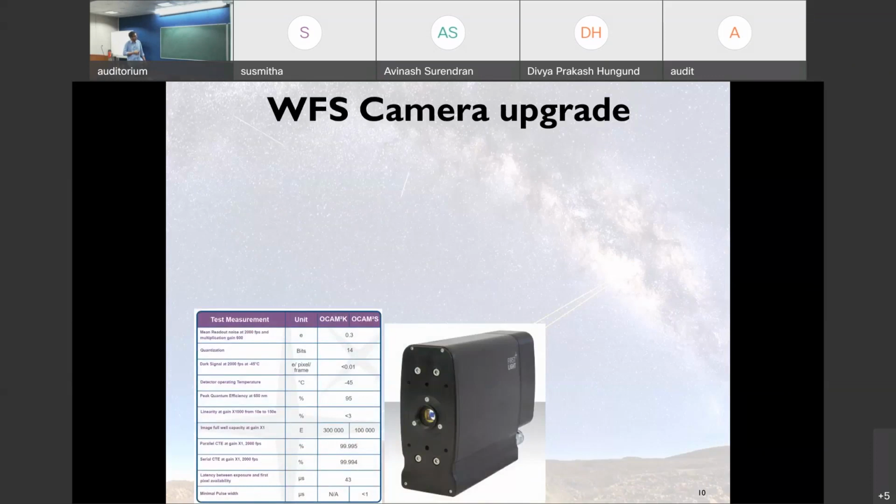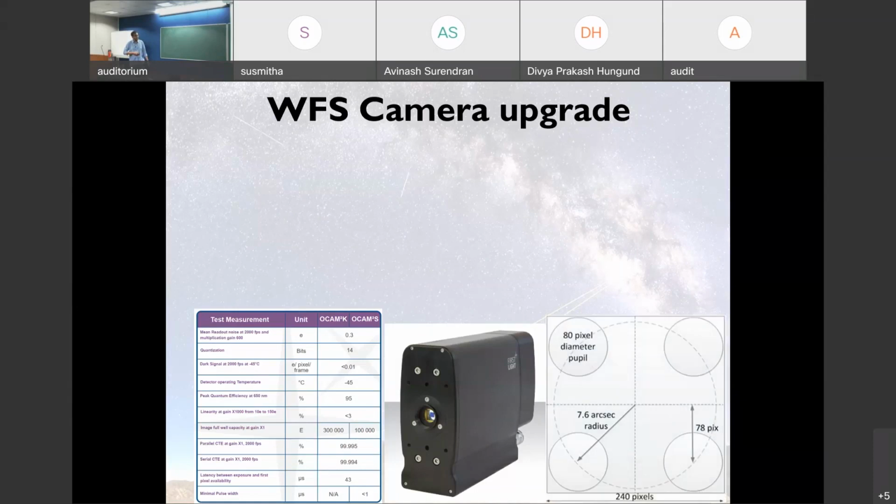So this is one major part which I've been working on. It's a wavefront sensor camera upgrade from CCD39, which is the workhorse fast wavefront sensor camera for AO systems, mostly first generation AO systems all across the world. Even RoboAO uses the CCD39.